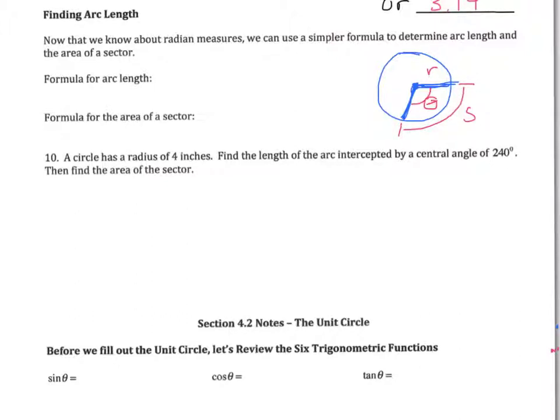The way that we want to think about arc length is we take a radius, and we're going to rotate it across a certain area. To find that arc length, we're going to use the formula that S stands for arc length, equals the radius times theta.